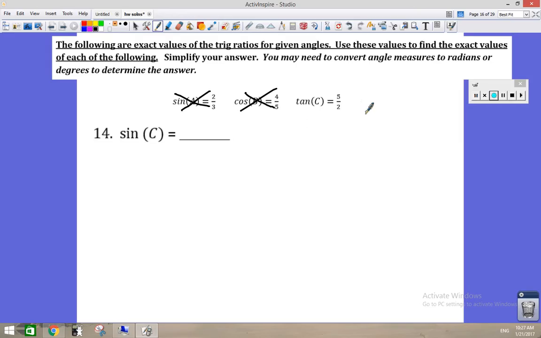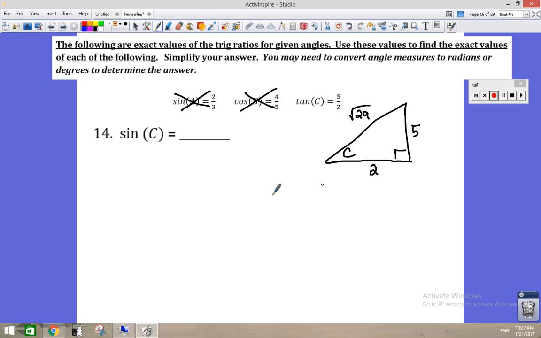If the tangent of C is 5 over 2, then we can construct a triangle, and if we let the opposite leg be 5 and the adjacent leg be 2, we can figure out the length of the hypotenuse from the Pythagorean theorem. 5 squared plus 2 squared is 29, so we'll take the square root of 29.